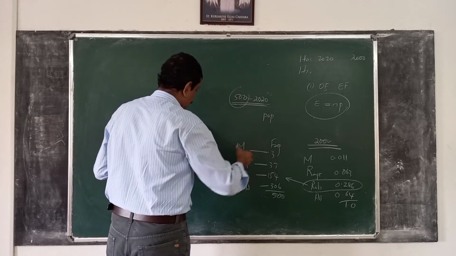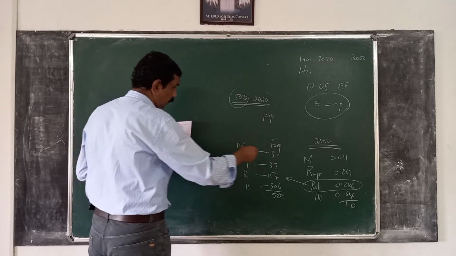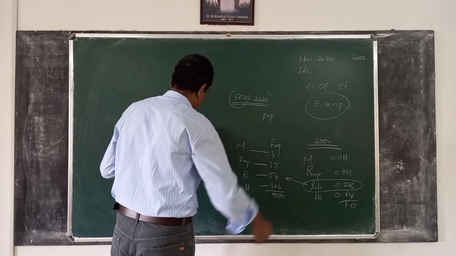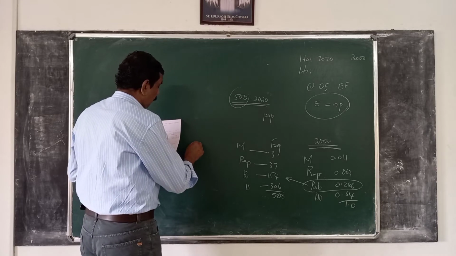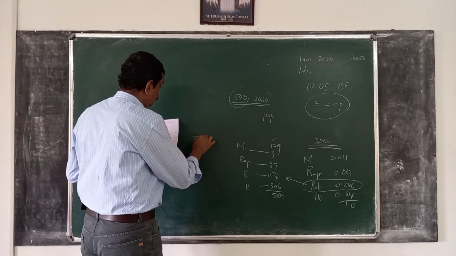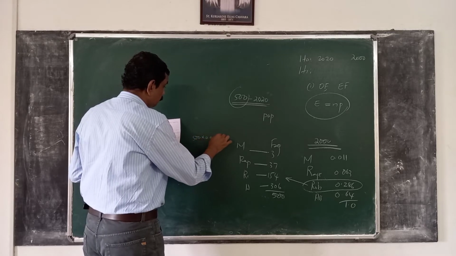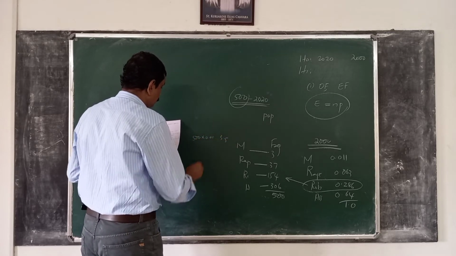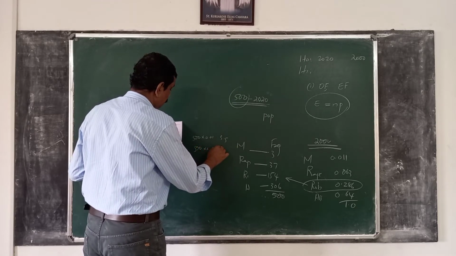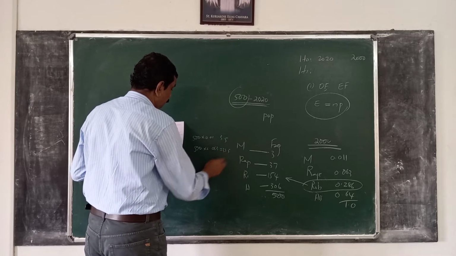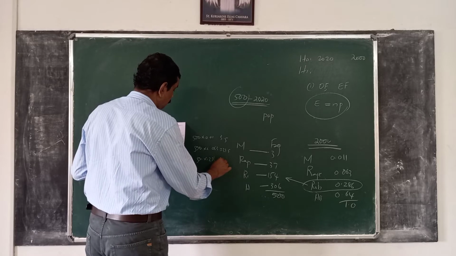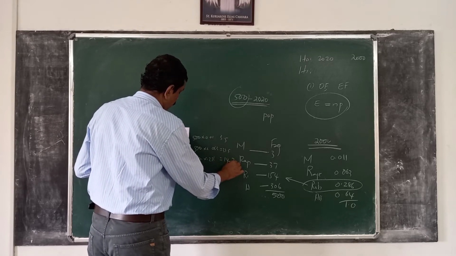The relative frequencies are 0.011, 0.063, 0.286 and 0.64. Now, what we do is 500 multiplied by 0.011 is 5.5. 500 multiplied by 0.063 is 31.5. 500 multiplied by 0.286 is 143.